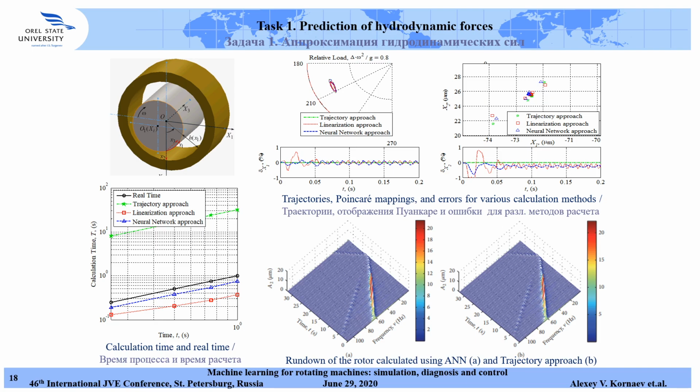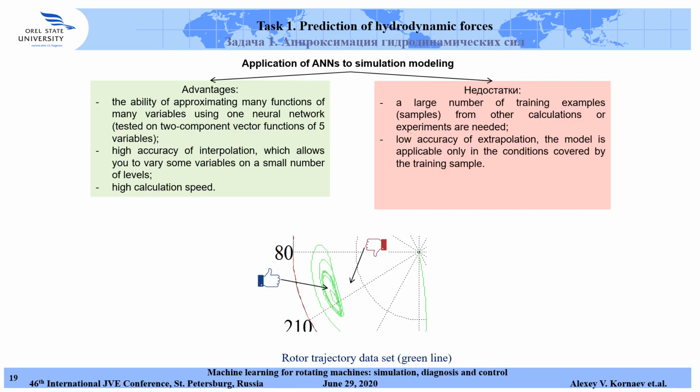The trained network works very fast, much faster than our previous simulation program, and its calculation time is even faster than real time. The neural network program model can calculate 10 seconds of rotor vibration in 7 seconds.